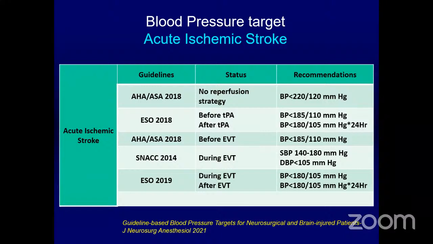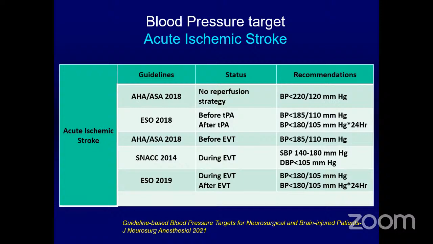Now look at the different guidelines. You have the AHA, American Heart Association, you have the European guidelines, you have the Society of Neuro Critical Care, then you have the different guidelines coming at different levels. Maybe 2014 you had one, you had 2018, 2019. So look at it. They talk mostly about what are the status, basically whether any reperfusion strategy is planned, before giving a thrombolysis, before doing any endovascular treatment, what after an endovascular treatment.